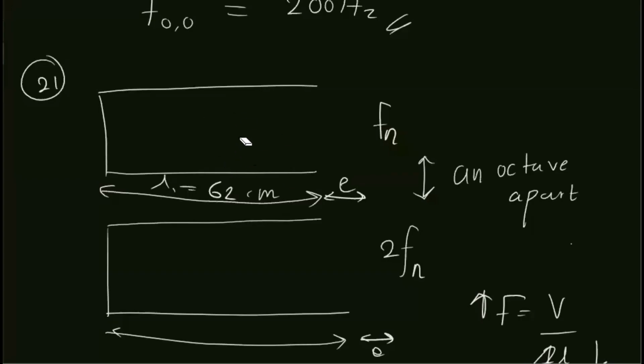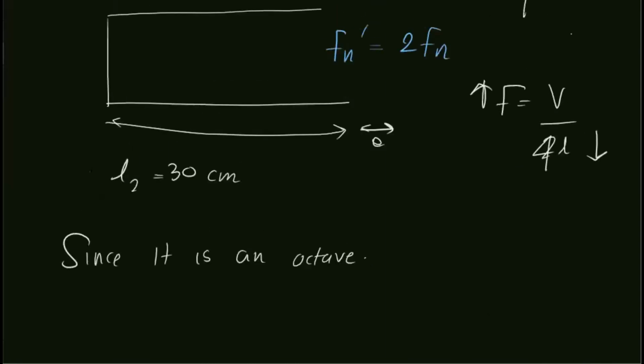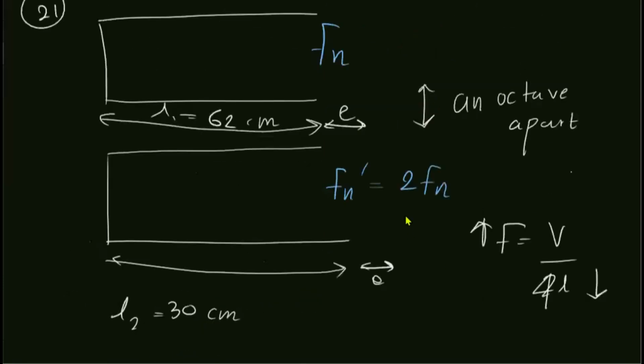Yeah, they have told the fundamental, so we can consider this as Fn, and this to be as Fn dash. Since it is an octave apart, Fn dash is 2Fn, right? So let's use that.